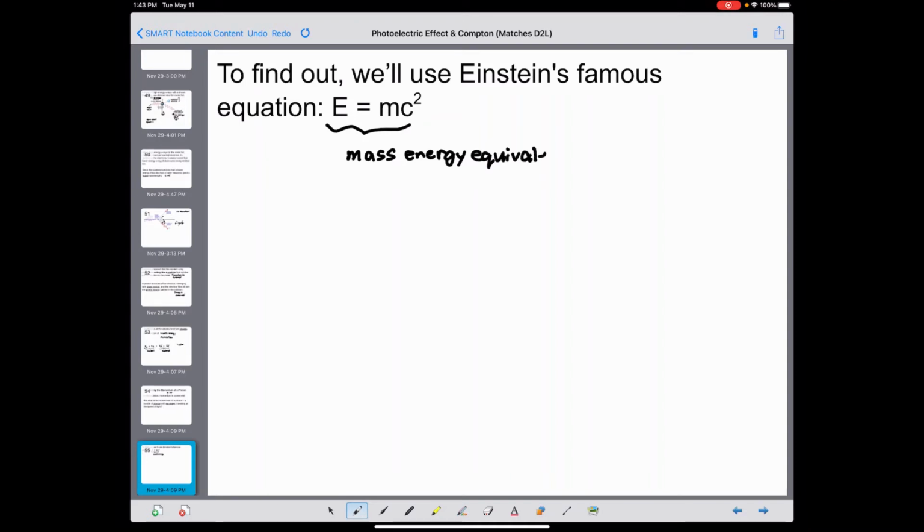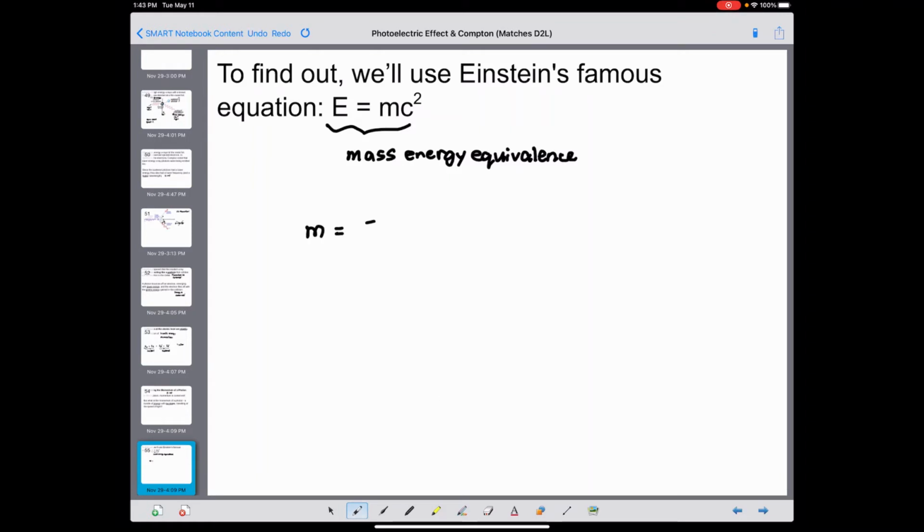And basically what it means is that mass and energy are two different forms of the same thing. So we can convert between mass and energy. Or in other words, say we have a photon with a certain amount of energy. That photon will behave like it has this much mass.